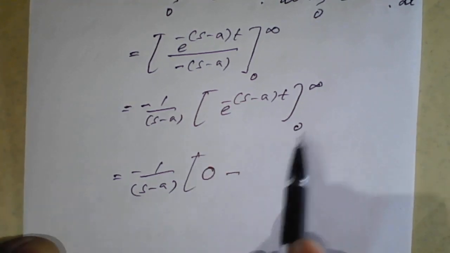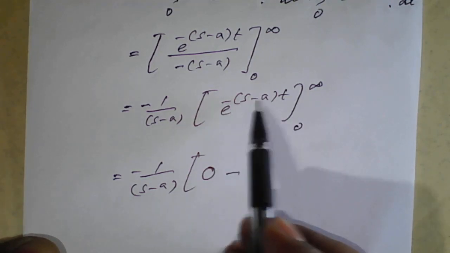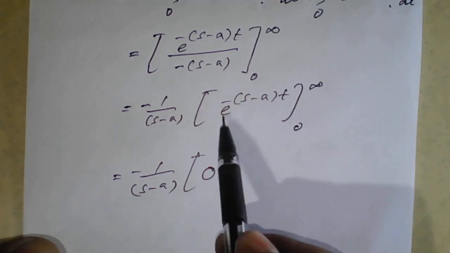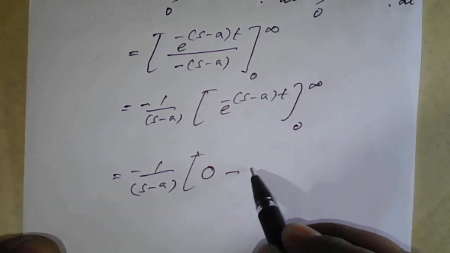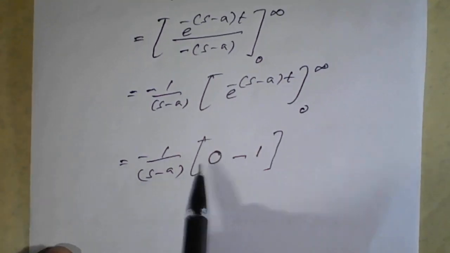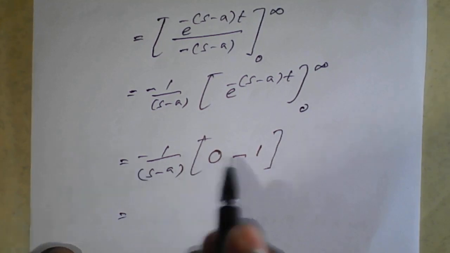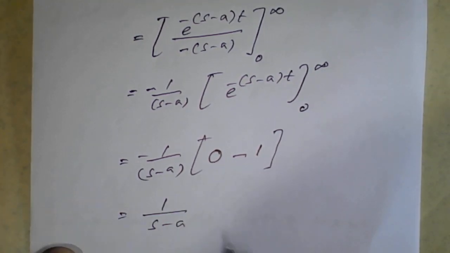Minus the lower limit: replace t with 0, so minus times s minus a into 0 is 0. E raised to 0 is 1. On simplification, this minus and this minus will become plus. So 1 upon s minus a.